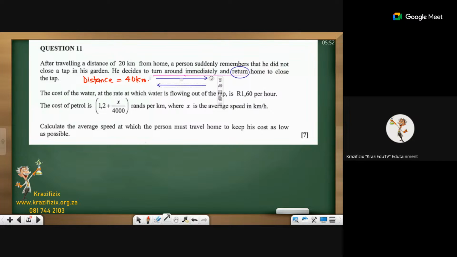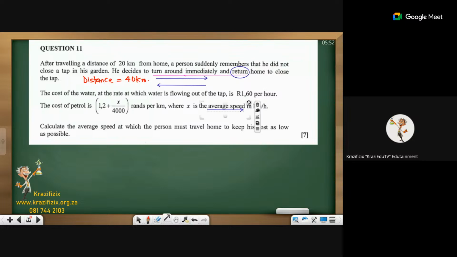The cost of the water at the rate the water is flowing is 1 rand 60 per hour. Now somebody is saying, how are we going to transfer water now to the distance? Okay, wait. The cost of petrol is this rand per kilometer, where x is the average speed.